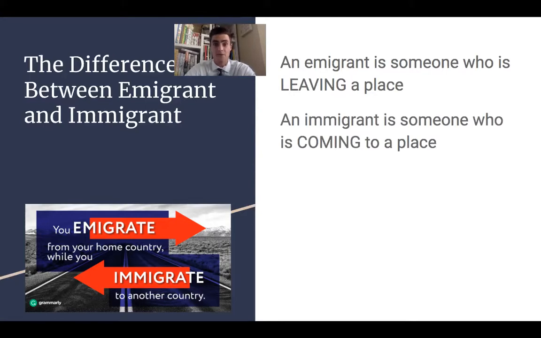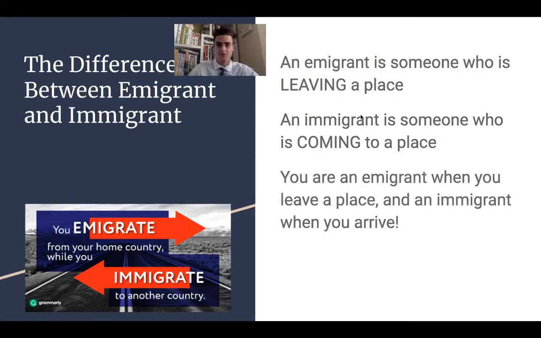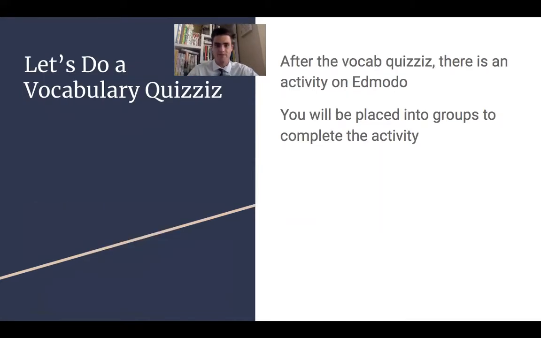So when I move to Myanmar, I will be a United States emigrant moving to Myanmar, right? So I am a United States emigrant who is leaving, but I'm a Myanmar immigrant, someone moving into Myanmar, okay? So you're an emigrant when you leave a place and an immigrant when you arrive, right?